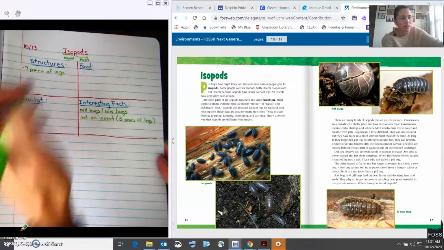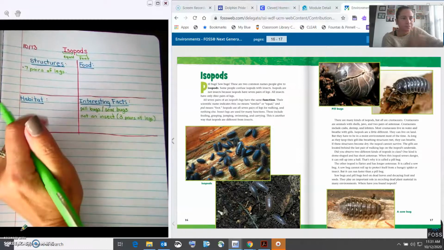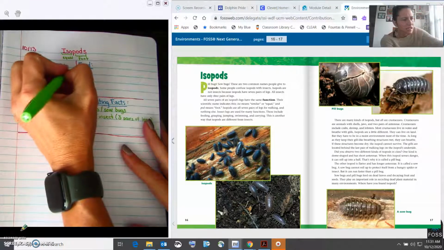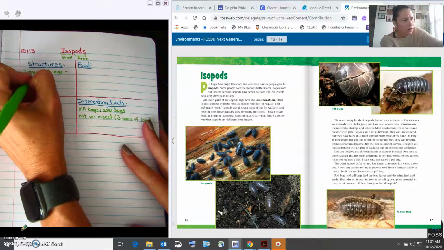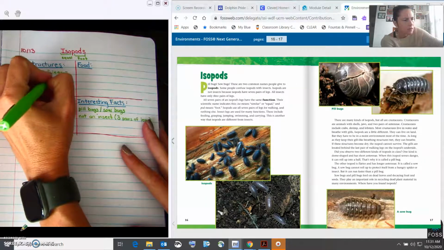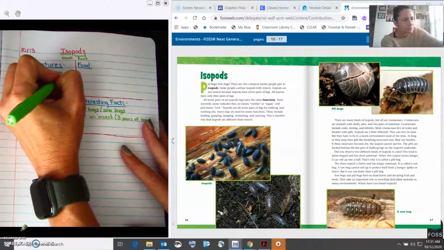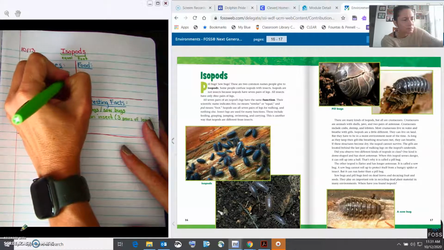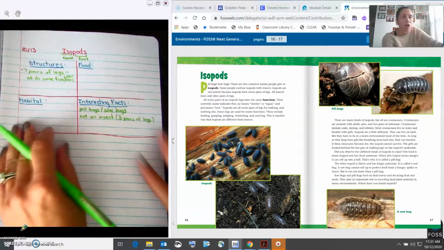So really, isopod is equal foot. So the 7 pairs of legs, it said, all do the same function. So that means job. They all do the same job.